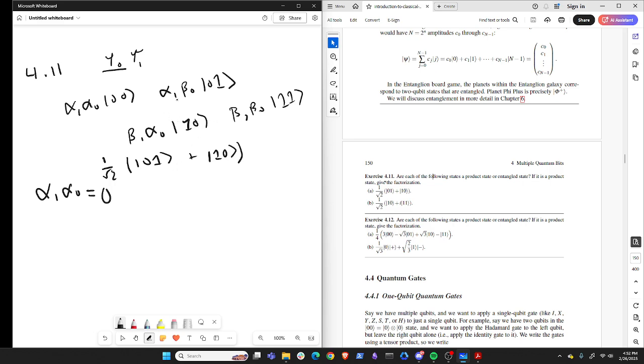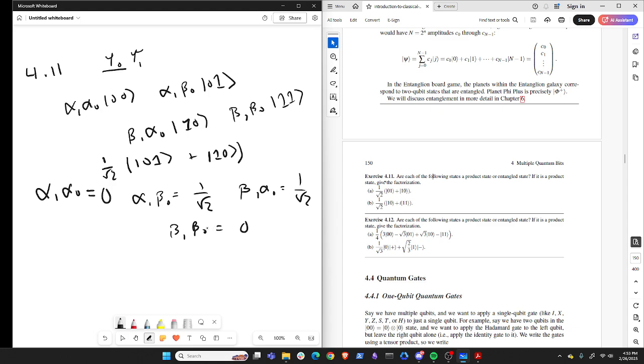For alpha sub 1, beta sub 0, we have 1 over square root of 2. For 1, 0, we have 1 over square root of 2. And for beta 1, beta 0, which represents the amplitude for state 1, 1, it's also 0.